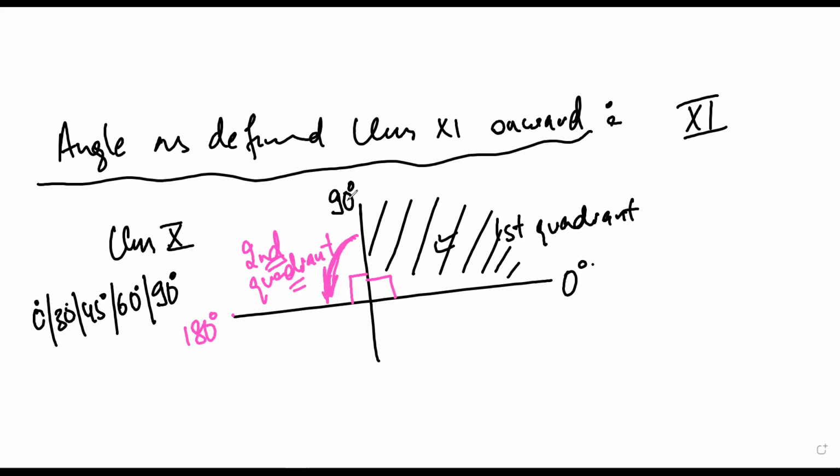Any doubt? No. See, one thing that you need to understand is, actually there are two fundamental things that you need to understand. Remember, commit to memory: how do we define an angle? Now, an angle is defined with the positive direction of x-axis.